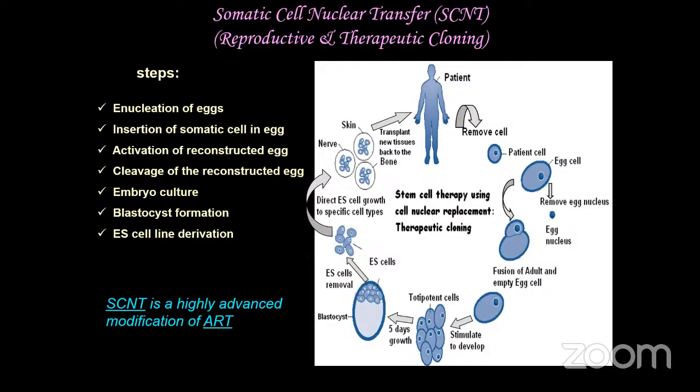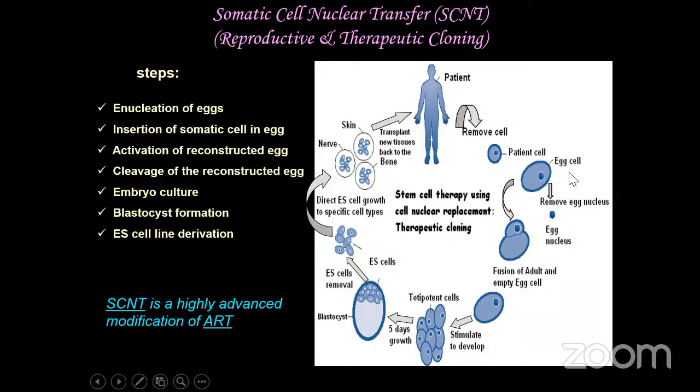The other technology is called somatic cell nuclear transfer, where a somatic cell itself you can convert to embryonic-like stem cells. As the name suggests, you take any somatic cell in our body, for example skin cells from a patient, so this will become patient specific.